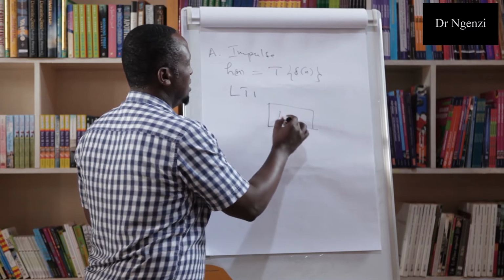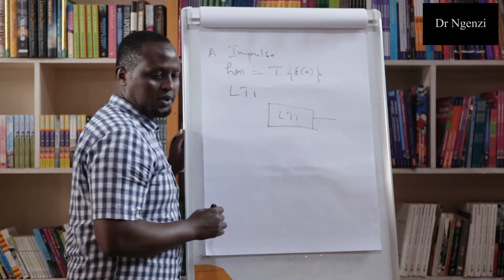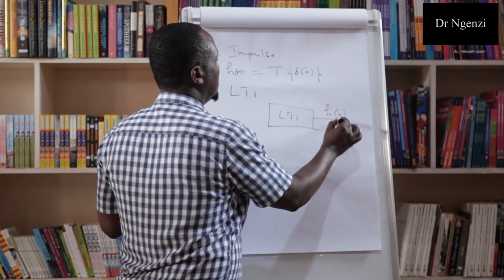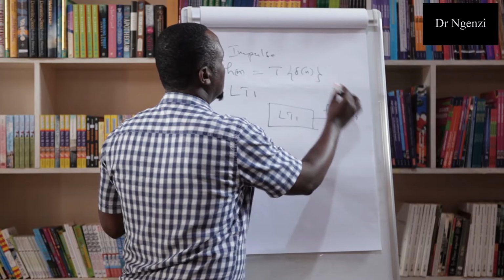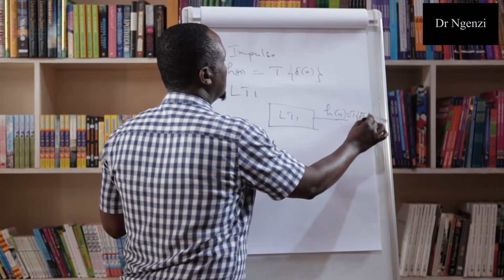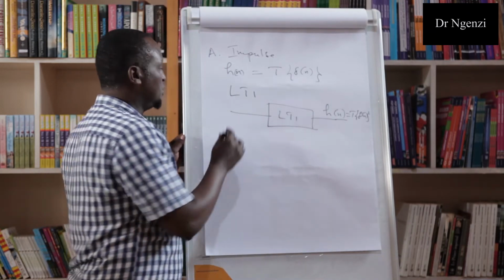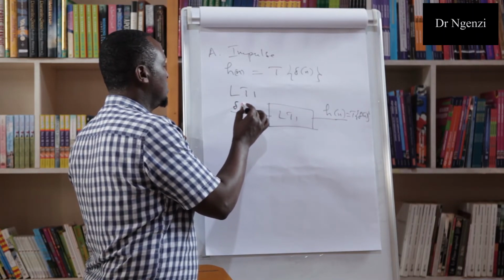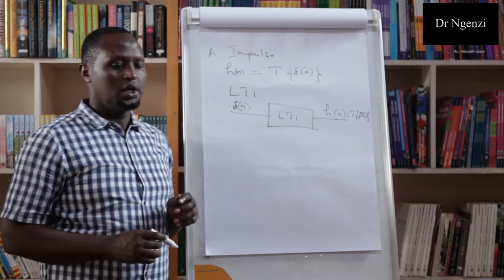It's going to be a linear time invariant system having your response h of n equal to T of the impulse of n. This is so common, and here we are providing input as a unit impulse, delta of n in this case. So it will look the same way.